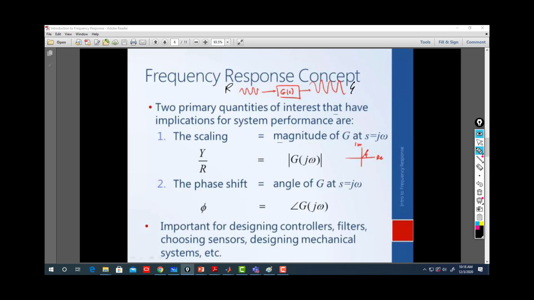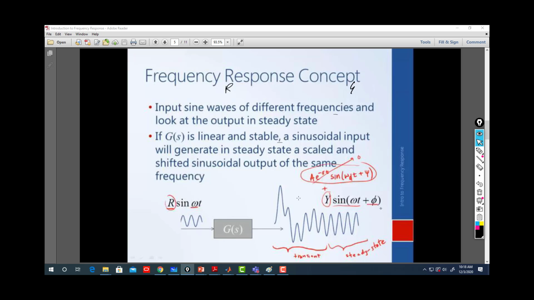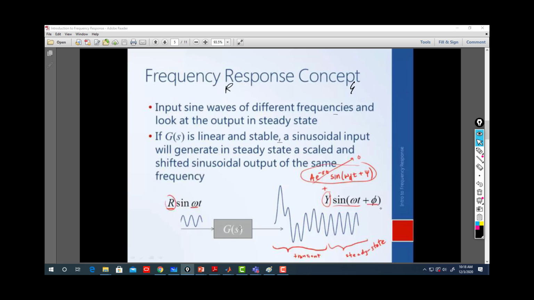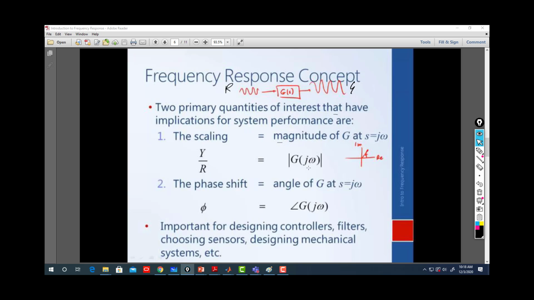You remember from the last slide, I have y and r. Then y over r is actually the magnitude of your system G of s, where s equals j omega. That's how we determine the magnitude, then you vary omega, and the phase is the phase angle of G(j omega).